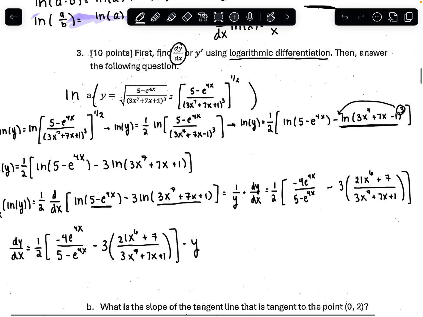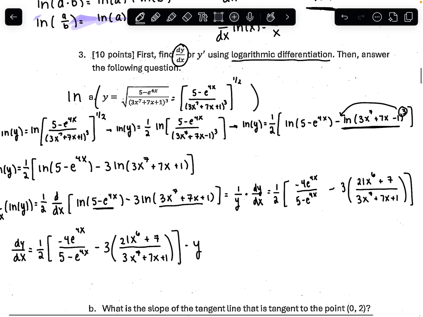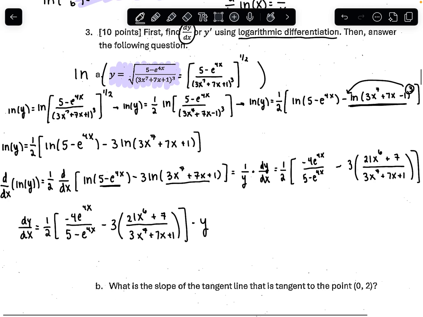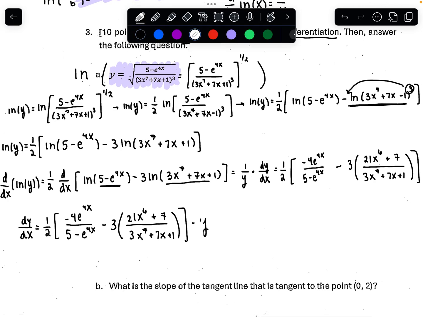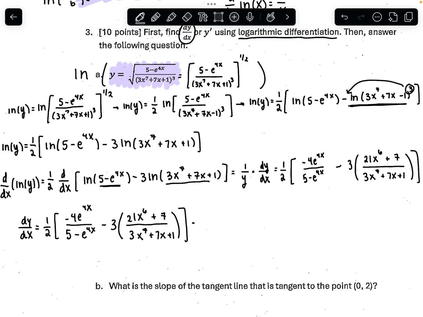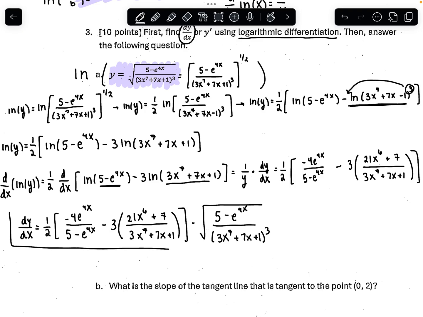But let's plug y back in. This was y. So let's write our final answer as this, but plugging in our original. So times the square root of 5 minus e to the 4x over 3x to the 7 plus 7x plus 1, cubed. Gross. But we did it.